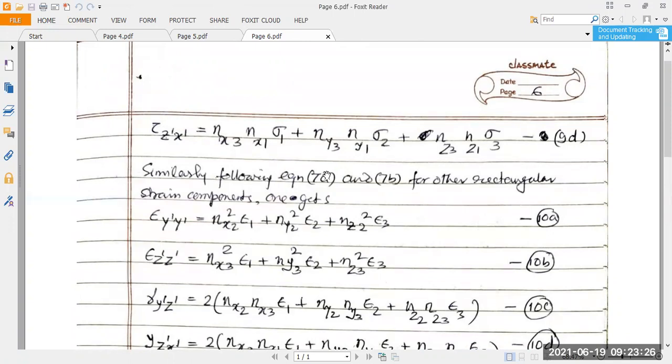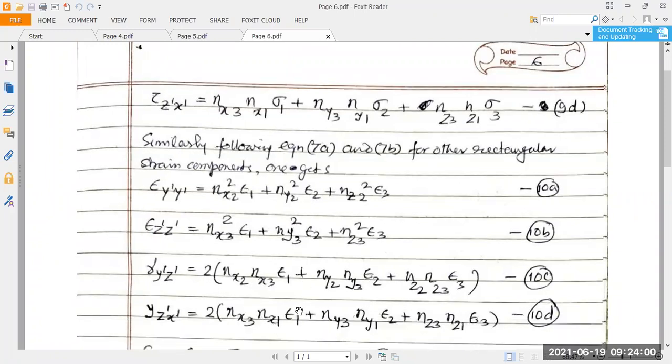The term yz is the same here, and the term zx is the same here, and the following. And gamma yz is given in a similar manner to nx1, nx2, nx2 and nx3 like here, and gamma is like this, and gamma x dash y dash.